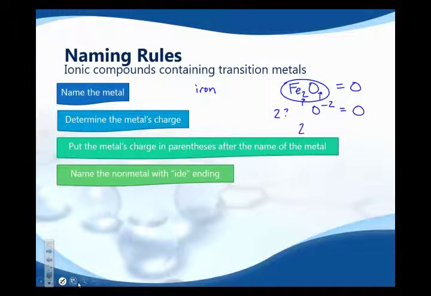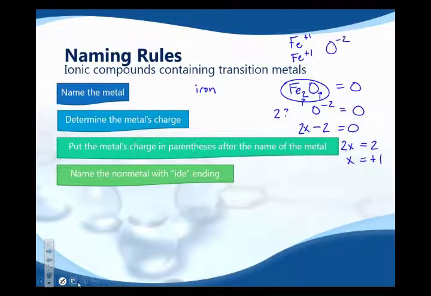In terms of algebra, I have 2x, the charge on the metal that I don't know, minus the 2 from the oxygen. The whole thing has to add to 0. So 2x equals 2, and solving for x, I get x equals +1. So each of those irons is a +1 charge in this compound, which makes sense because +2 adds to my -2, and I get 0.